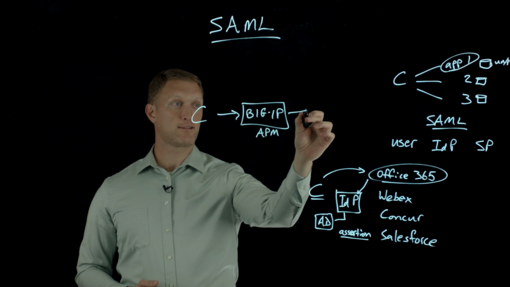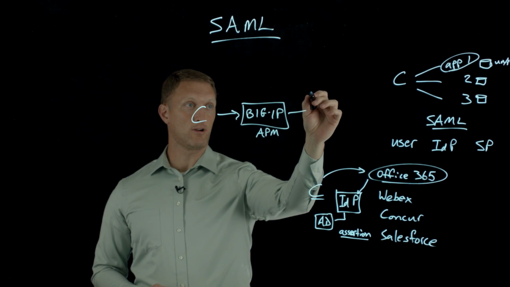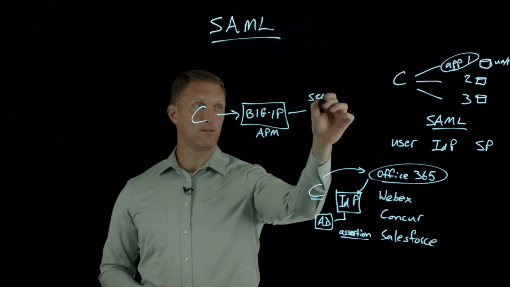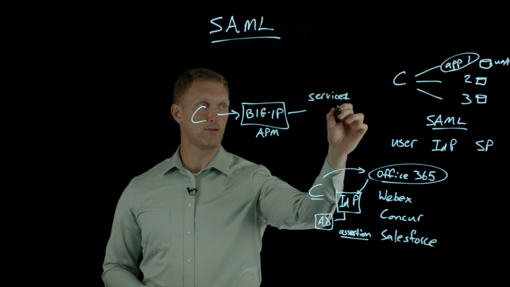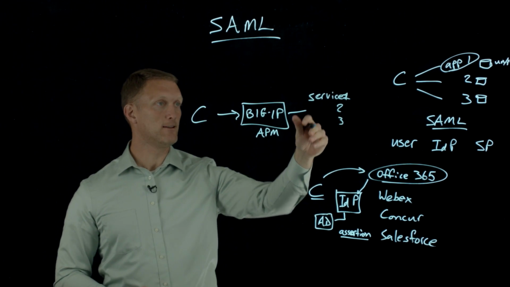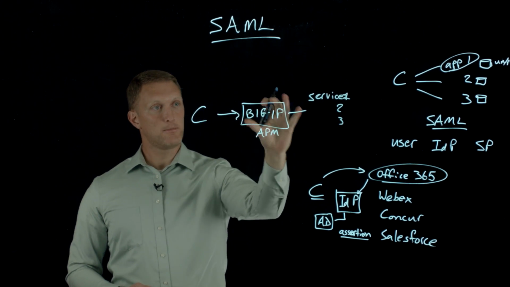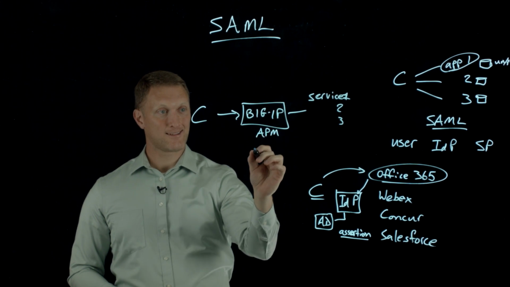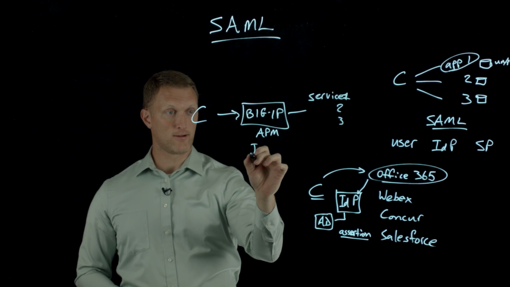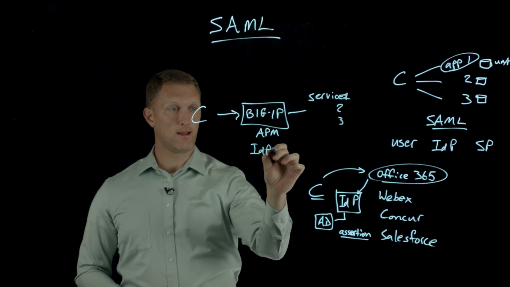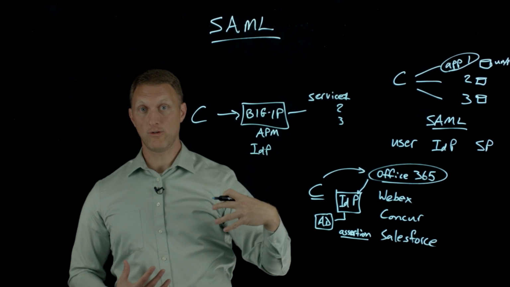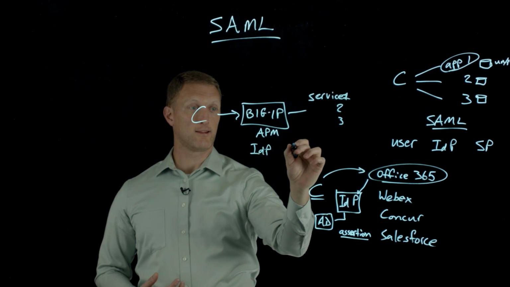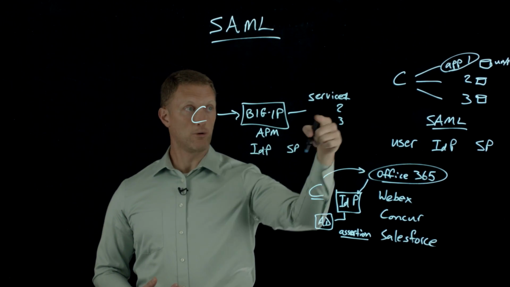And then on the back side, you've got all your different services: service 1, service 2, 3, all that stuff. So you can come into the BigIP, and the APM can act as the identity provider, the IDP, and for those applications that you host internally, it can also act as the service provider for those as well.